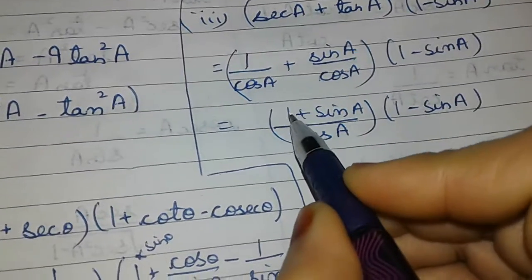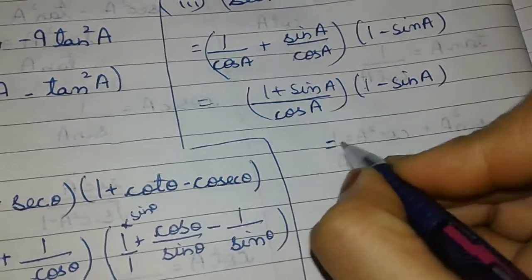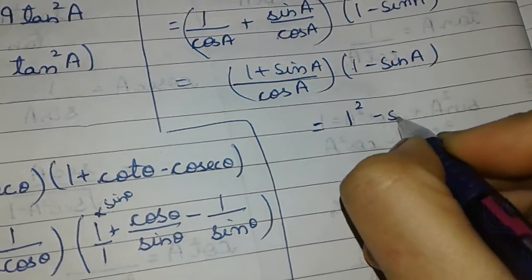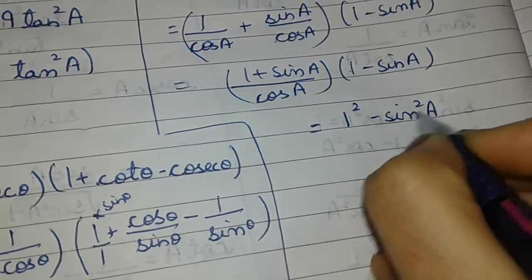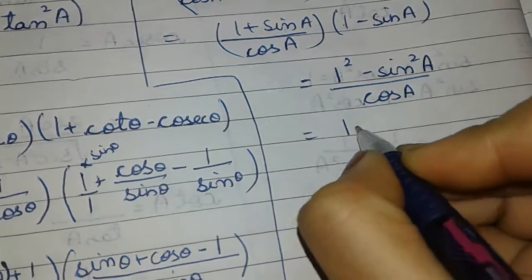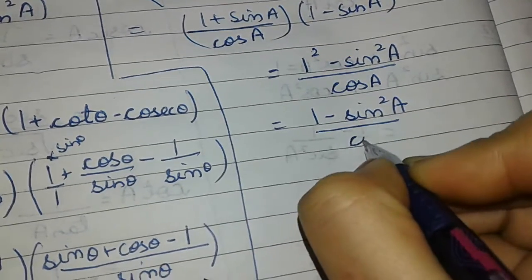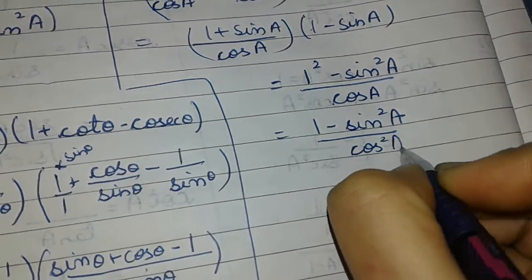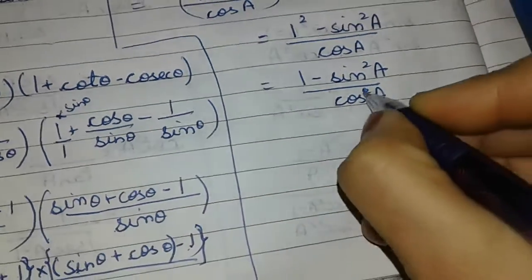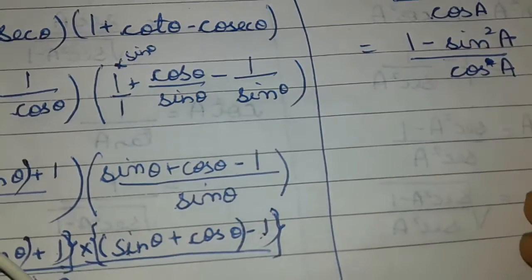Now here it will become (a plus b)(a minus b), and the identity used here is a square minus b square, upon cos A. 1 square is 1, sin square is sin square A. We know that the identity is cos square A plus sin square A is equal to 1.